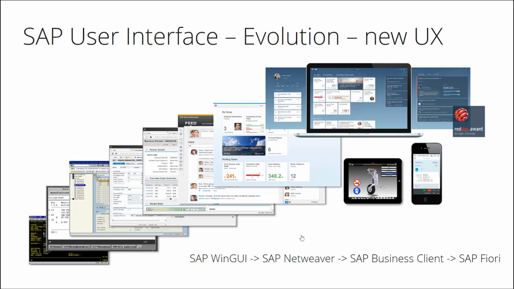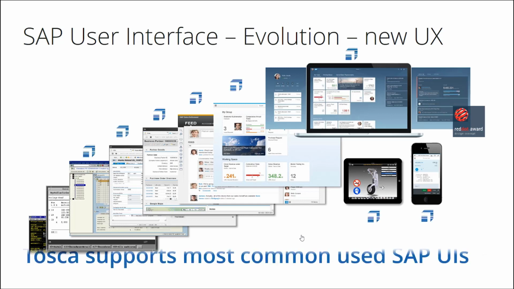For me, the clear answer is yes, Tosca can automate the most commonly used SAP UIs. For Tosca it is relevant which user interface you are working with for this application. So if you are in SAP SRM and you are working with Windows GUI, the answer is yes, Tosca is able to automate Windows GUI.